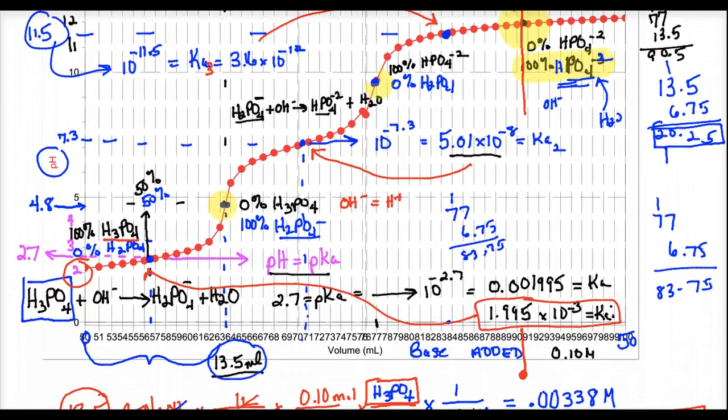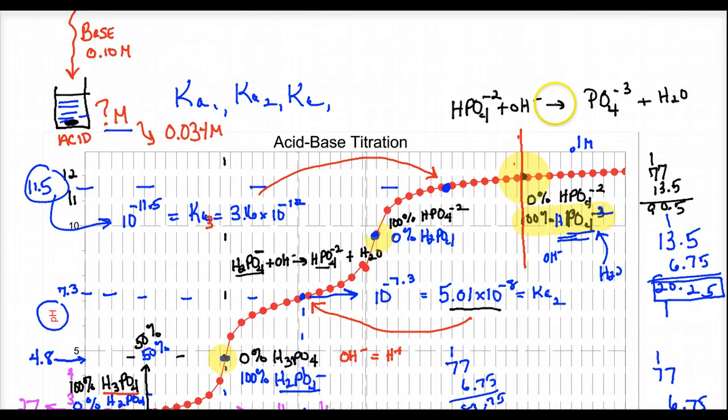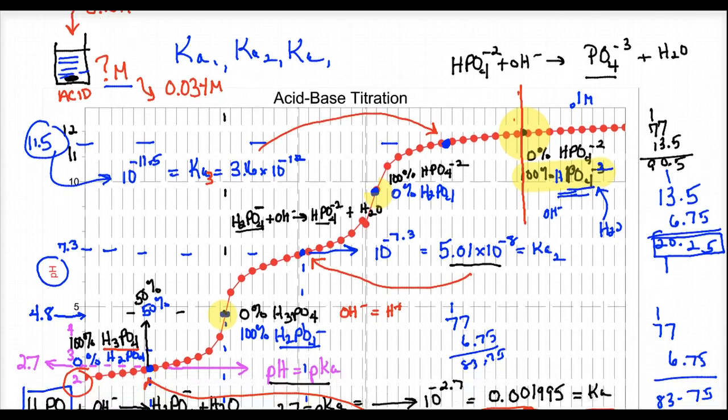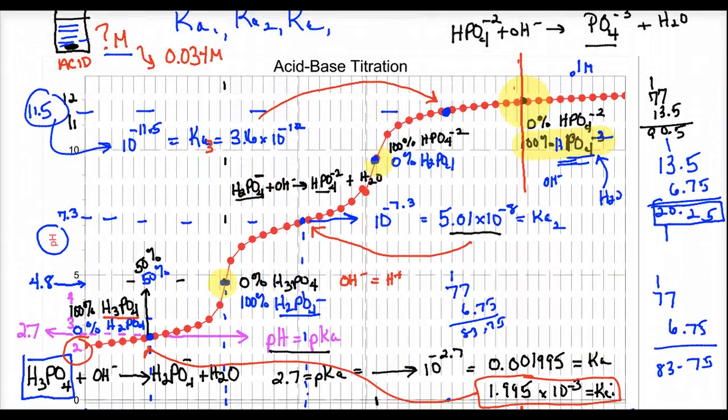But what I'm getting at here is the final pH is just because theoretically you've driven off all of the acid into this. So any extra base you add beyond this point is responsible for the pH. All right, so watch what we do here.